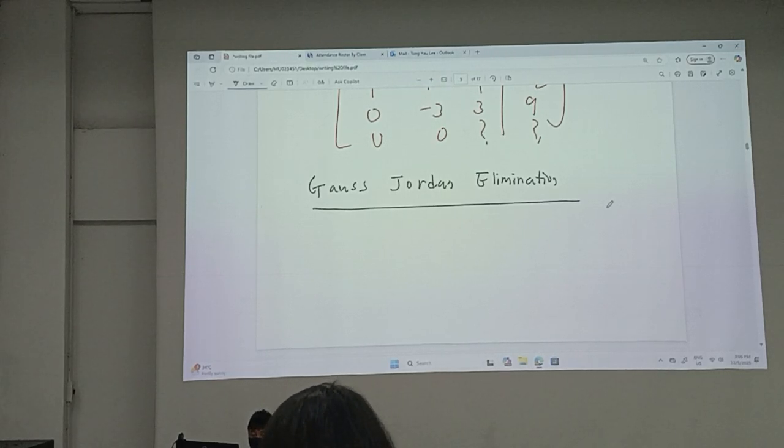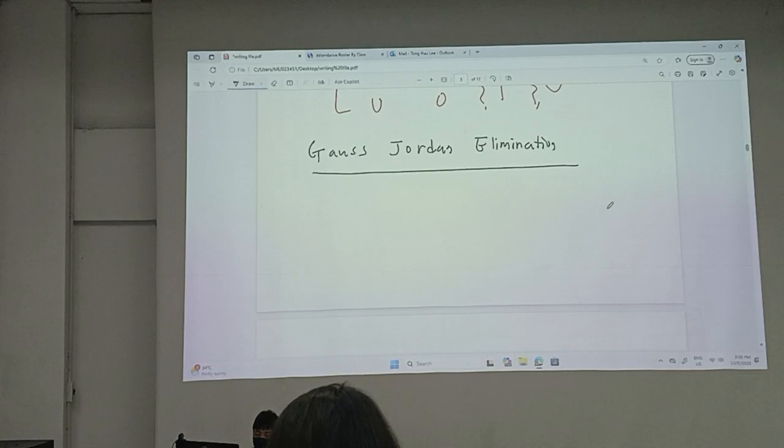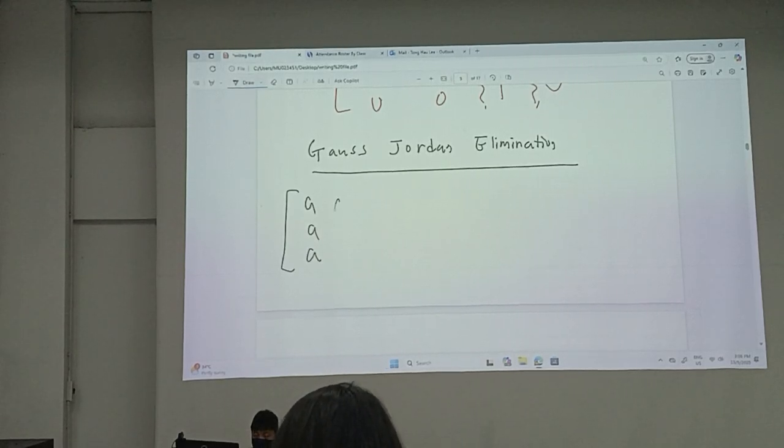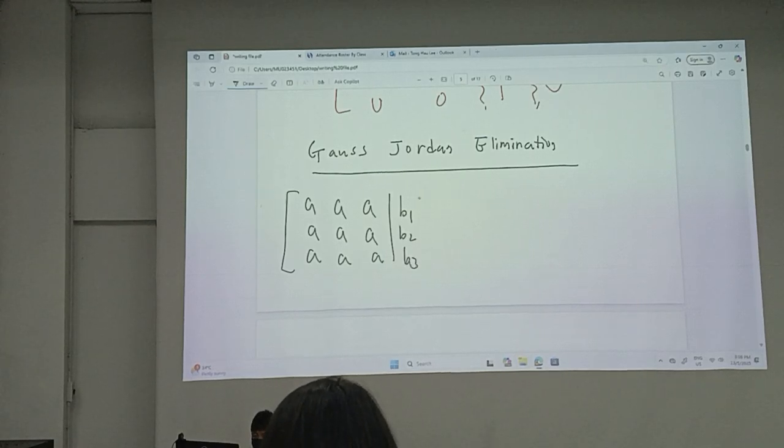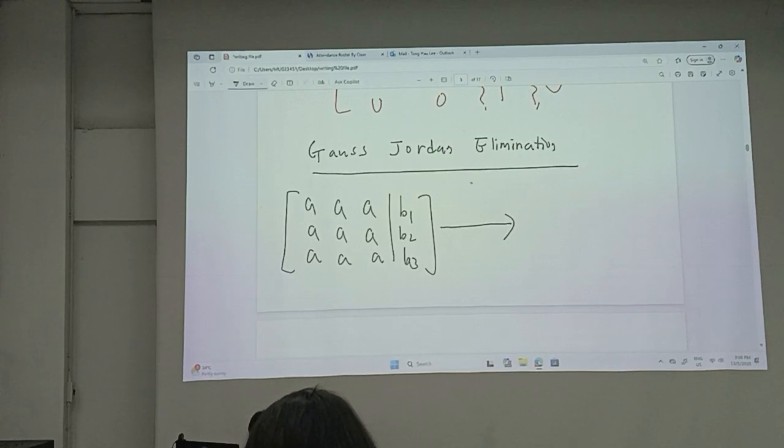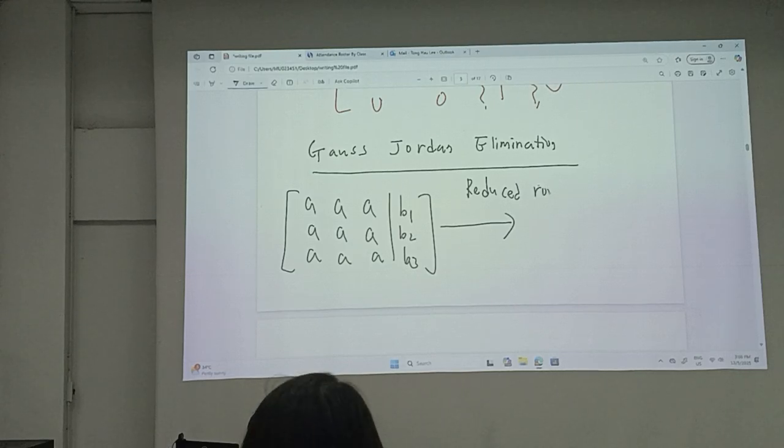Okay. So for Gauss-Jordan elimination, we turn it to reduced row echelon form.